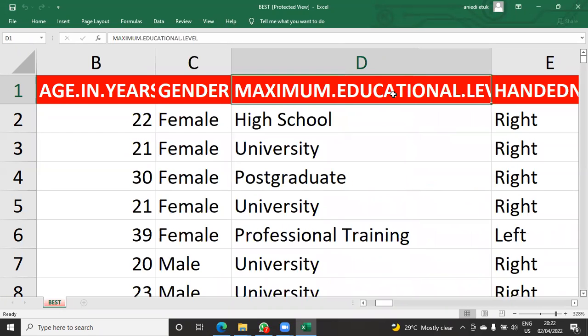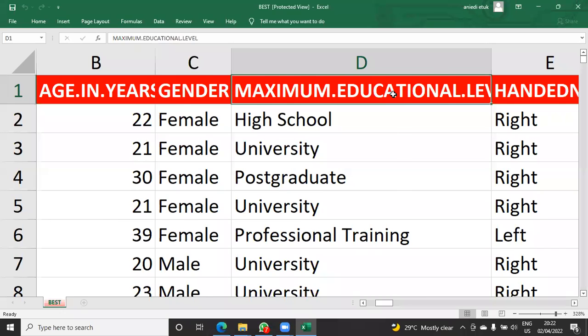Maximum educational level, what kind of data type is it? Categorical but ordinal. Very well, that's very good, because in this case we have professional training, postgraduate, high school, so you can rank.